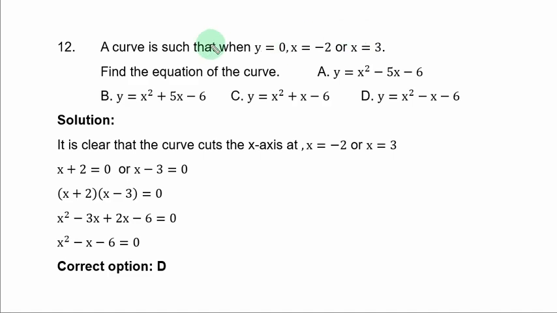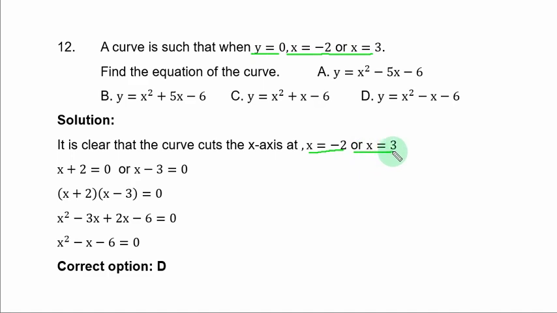Question 12. A curve is such that when y is equal to 0, x is equal to minus 2 or x is equal to 3. Find the equation of the curve. It is clear that the curve cuts the x-axis at x equal to minus 2 or x equal to 3.